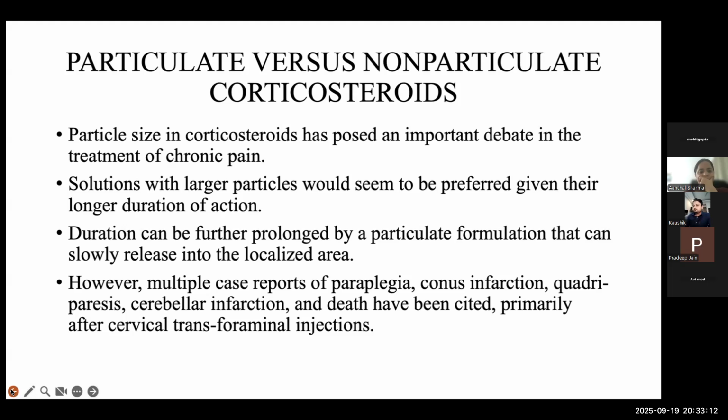However, multiple cases of paraplegia, conus infarction, and quadriparesis have been reported. Hence, the available literature would suggest the use of transforaminal steroids in a very judicious way, and most of the literature has leaned towards the use of non-particulate steroids in transforaminal injection.